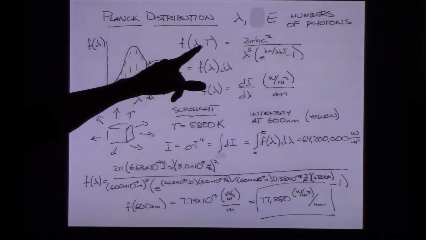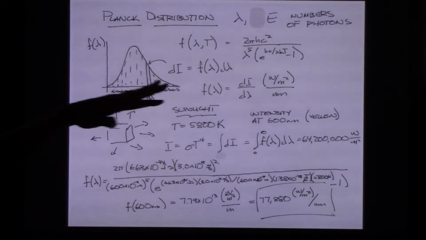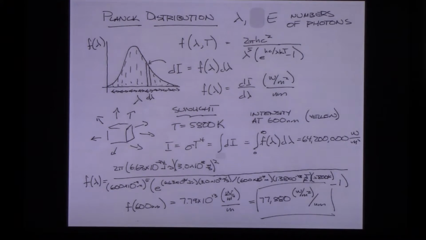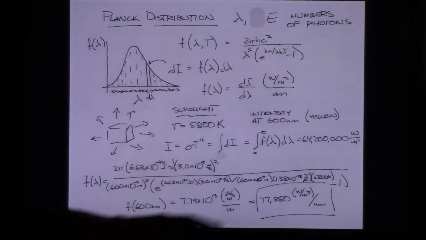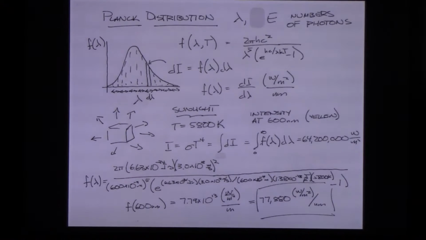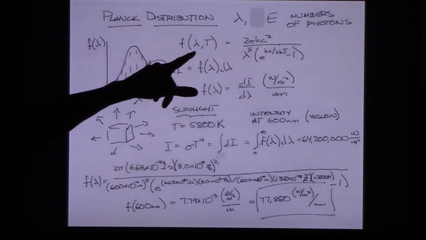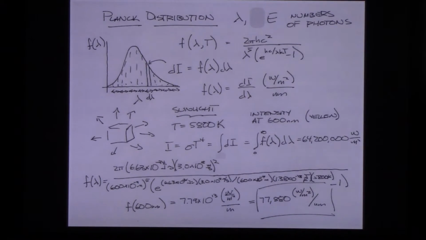So we could include temperature, but when we're carrying out calculations, we're typically thinking of temperature as a constant. When we carry out integrations such as this, we're really just integrating over the wavelengths, not over temperatures. There's some fixed temperature at which we're looking at this distribution. Temperature tends to be treated as a constant.